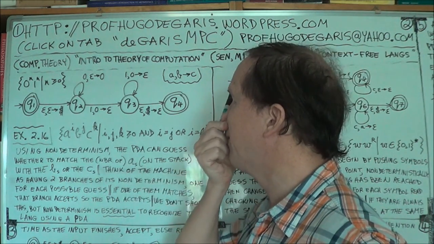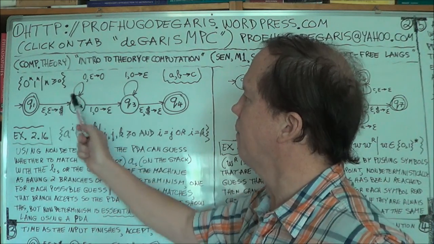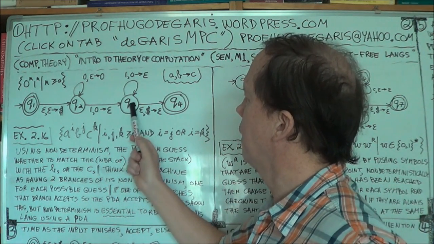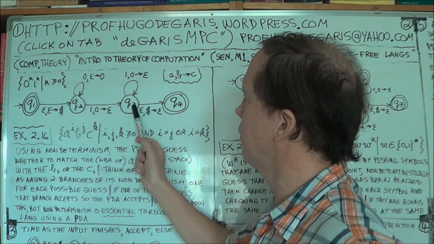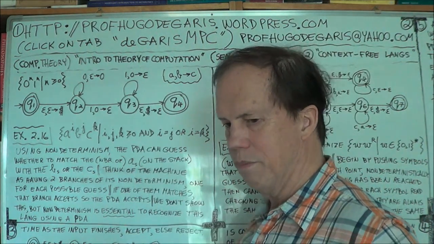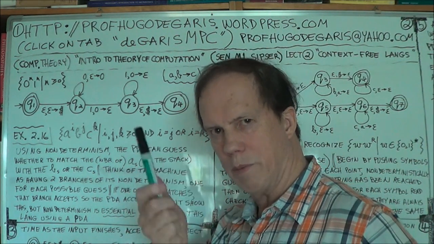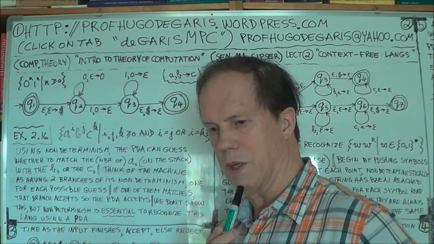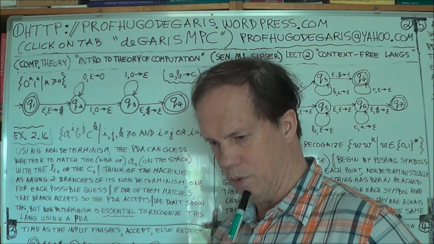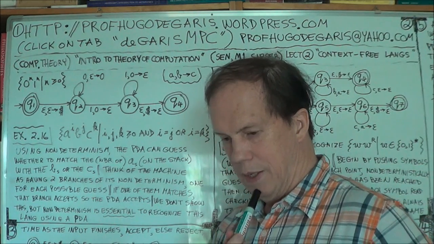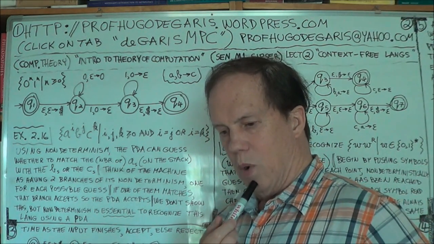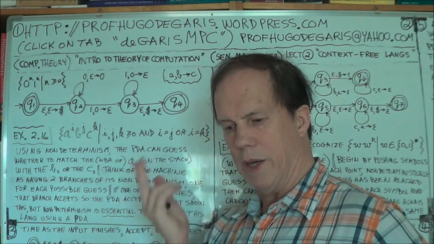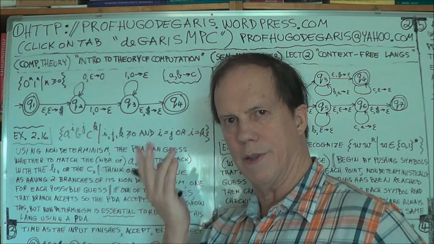And then when you get your first 1, you change here, and then you're in a different state, and then you start popping, if you remember the general strategy for this. You start popping your stack each time you get a 1. So each time you're getting a 1, you're popping off a 0.